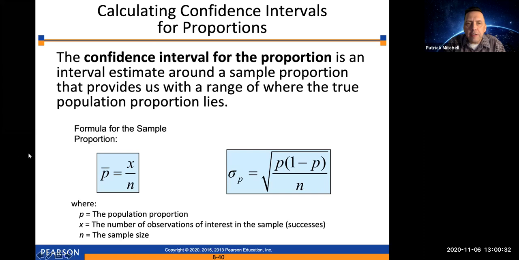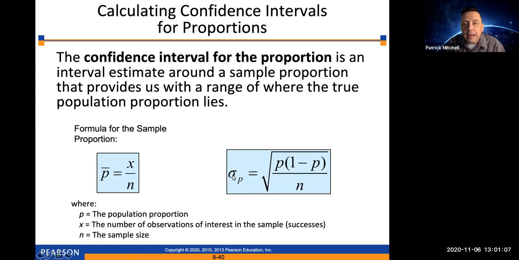So the confidence interval for the proportion is an interval estimate around a sample proportion that provides us with a range where the true population proportion lies. The way that we calculate that confidence interval, we start with the sample proportion, which is called p bar, and that's calculated using x divided by n, where x is the number of observations of interest in the sample, otherwise known as successes, divided by n, which is the sample size.